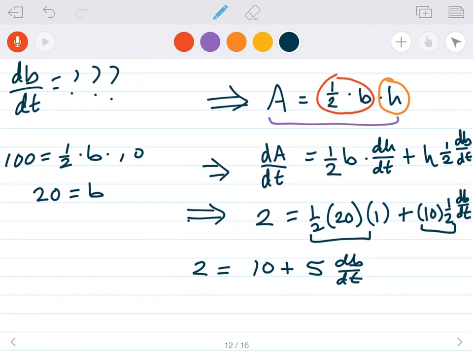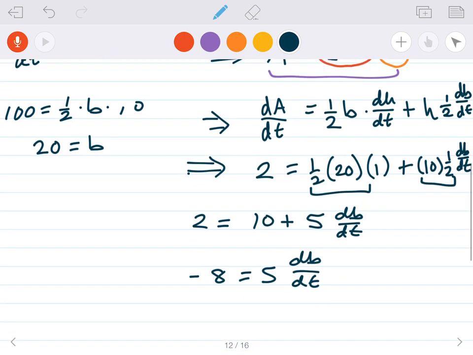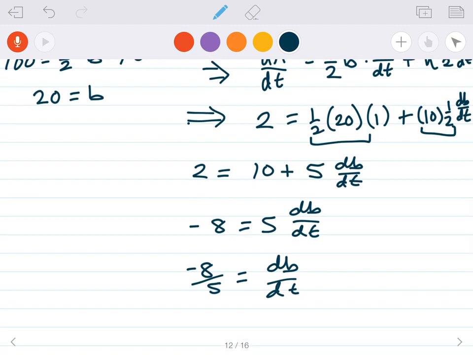Subtract 10 from both sides to get what? -8 equals 5 times db/dt. And finally, we're going to divide both sides by 5 to get db/dt is equal to -8/5, which is -1.6.